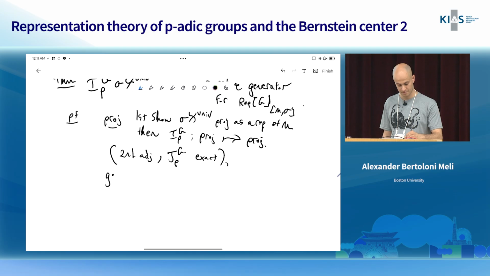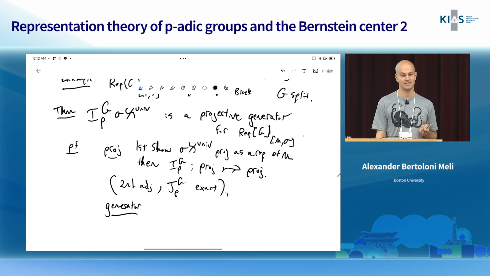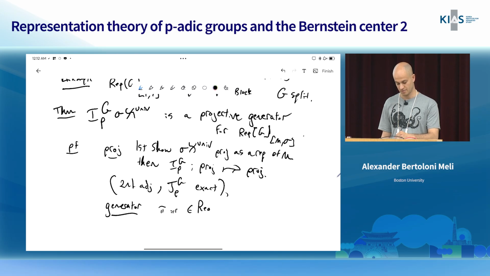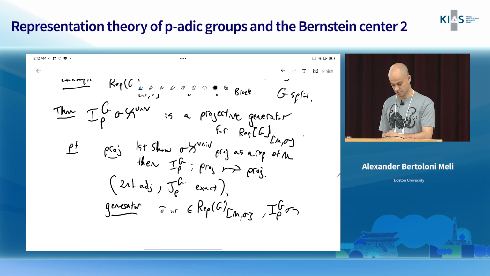And then for the generator, we need to show that if you take some irreducible in rep G M sigma, then there's a map like this.